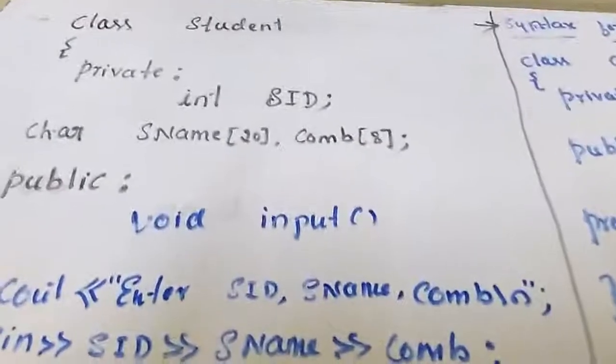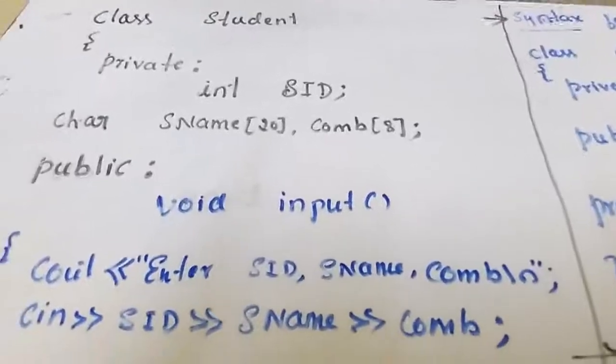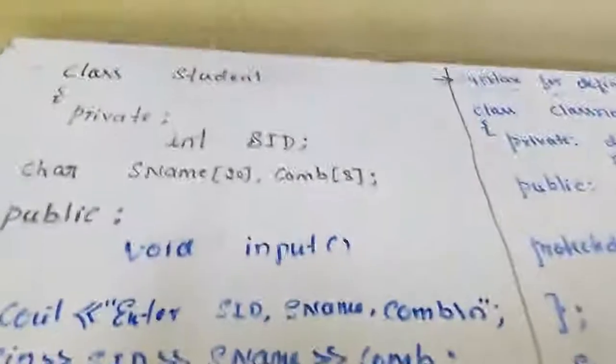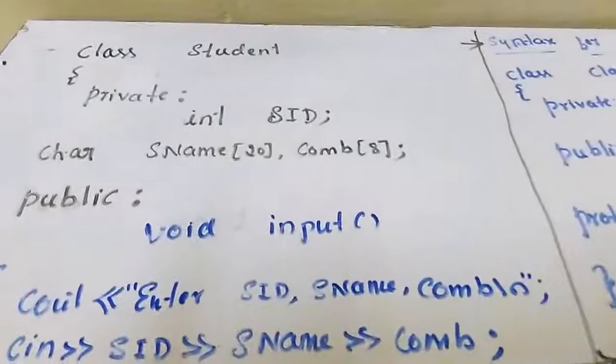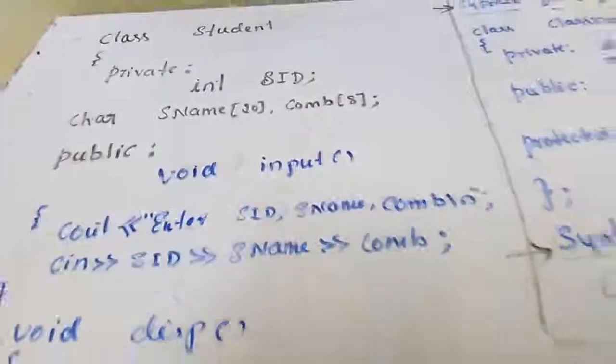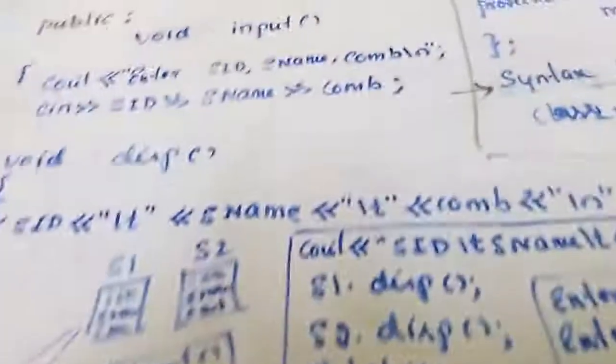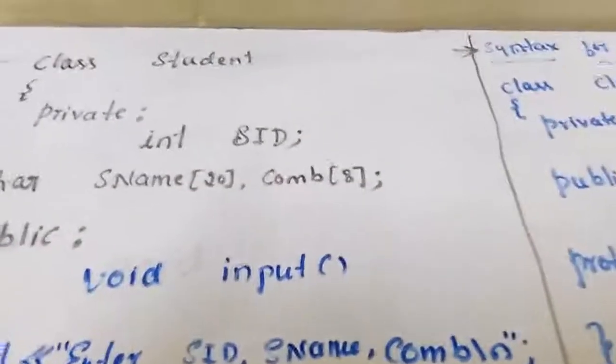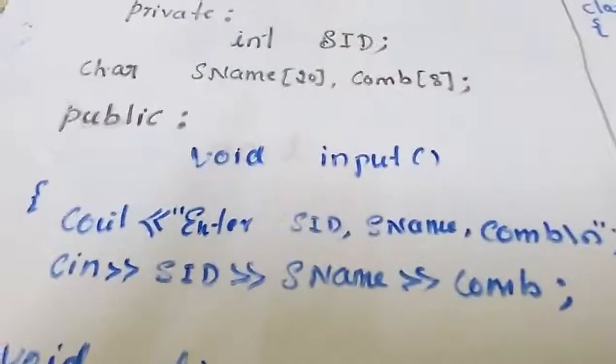Are you understanding? If any data member, for example int SID, is declared in a public section instead of a private section, you can access it directly outside the class, that is in the main function, like you accessed in the structure. In this particular example, I had taken it in a private section, so private members are accessed in the member function.